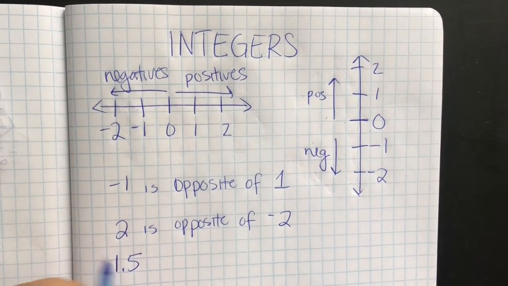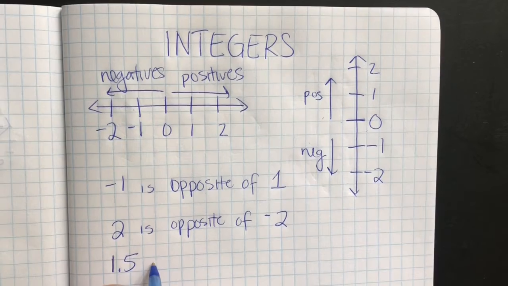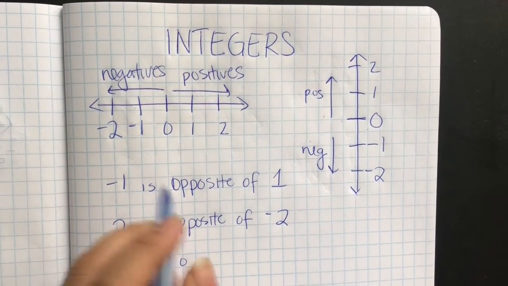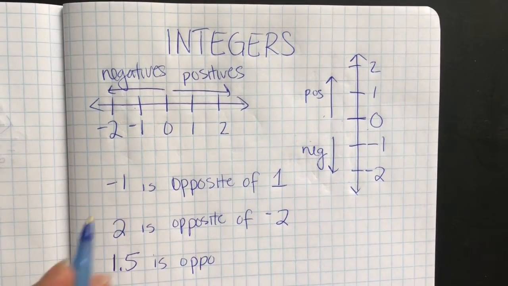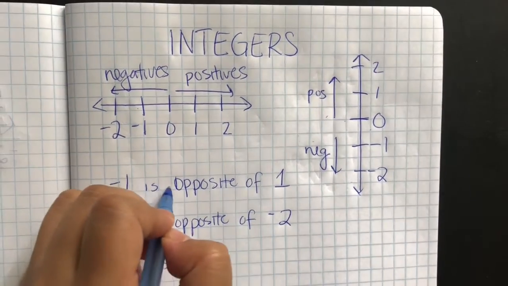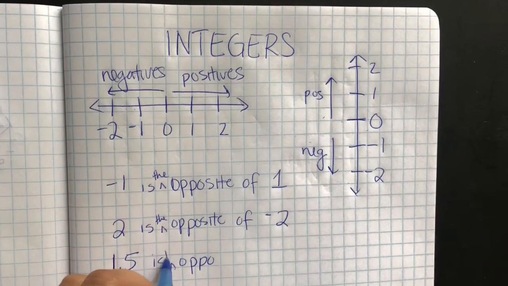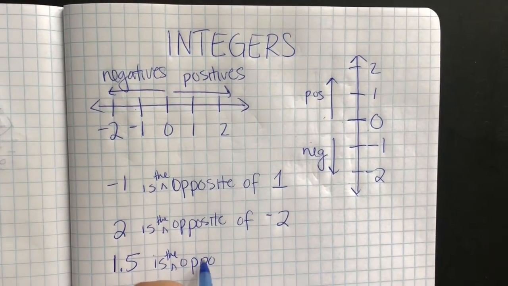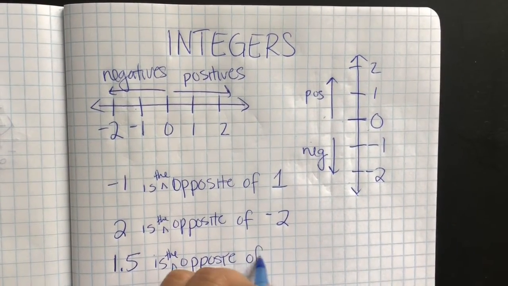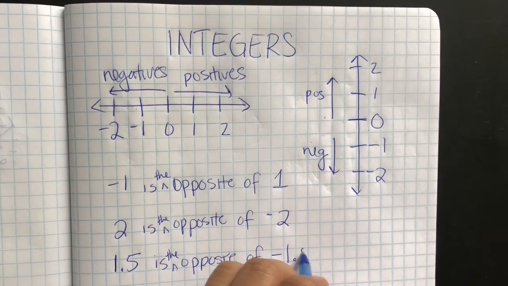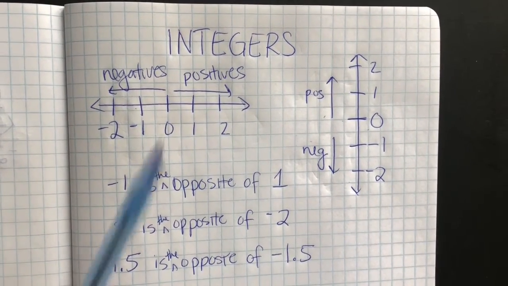1.5, 1 5/10. Of course, it is the opposite of -1.5. So if we're talking about it visually, here's 0.